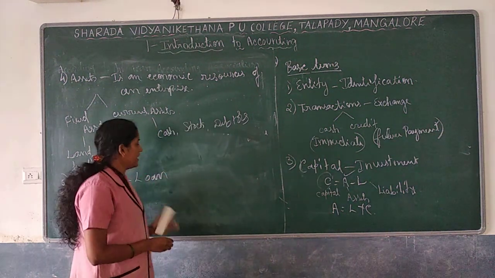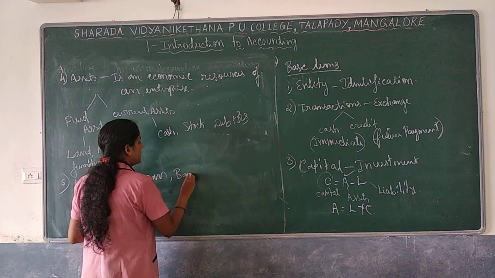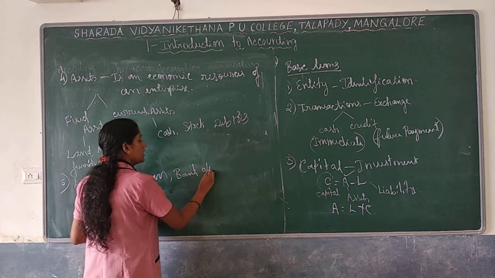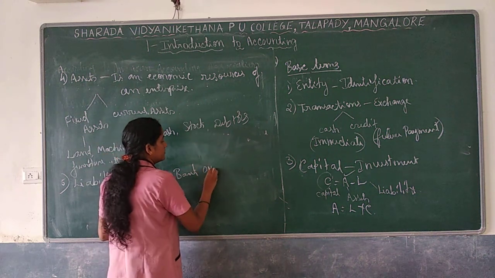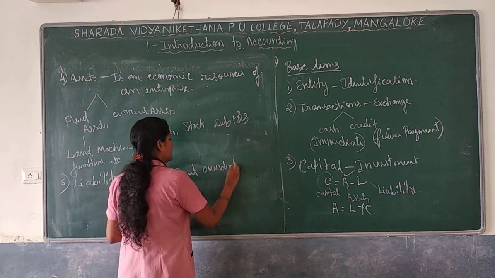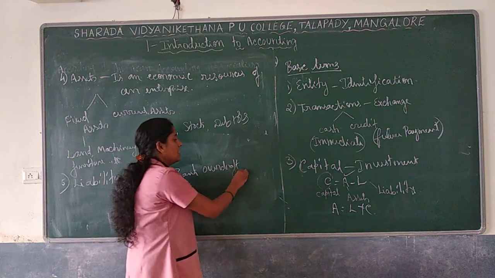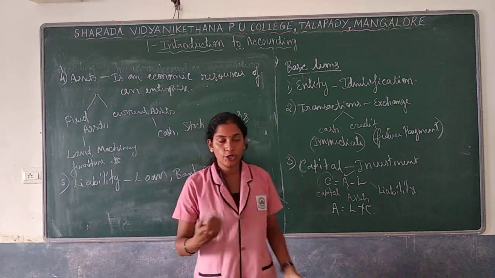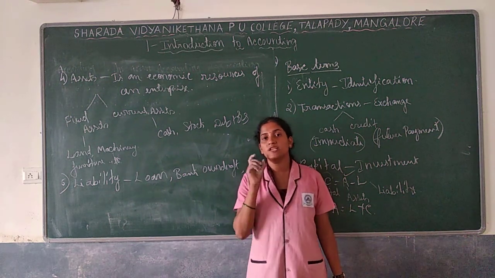So that is why a bank loan or a bank overdraft, OD, is considered a liability. What is bank overdraft? Bank overdraft is nothing but money withdrawn. It is also a kind of loan, but we are withdrawing more than what is there in the account.